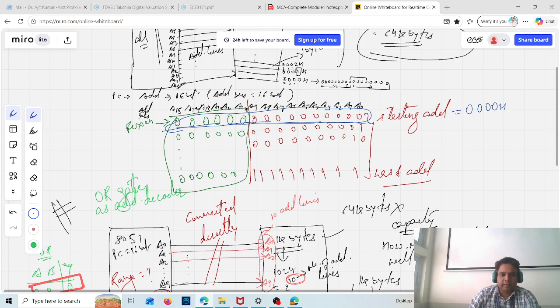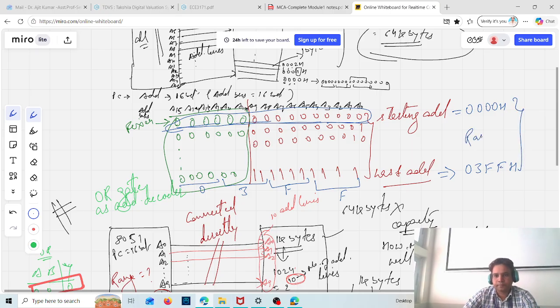Similarly, the end address will be: the fixed zeros give 0, then 0011 is 3 in hexadecimal, then four ones is F, and the last four ones is F. So I got the last address as 03FFH. This is the range of address. The intermediate values we are not interested in finding.